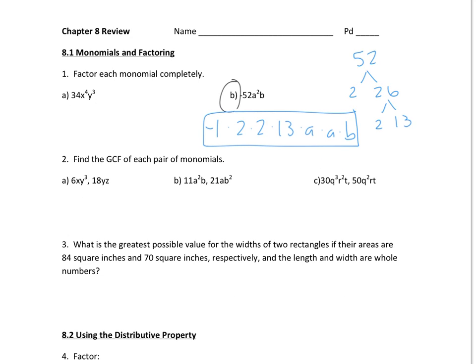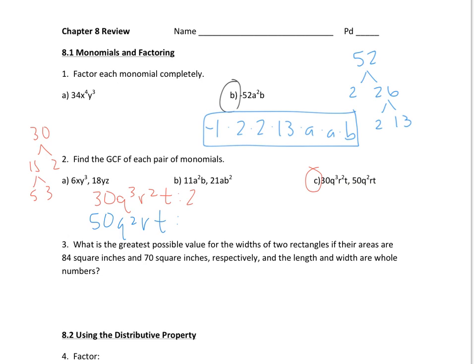Still under the subject of 8.1 monomials and factoring, let's take a look at 2c. So here I'm going to completely factor 30q cubed r squared t, and I will completely factor 50q squared rt. So I know 30 breaks down into 15 and 2, and 15 breaks down into 5 and 3.